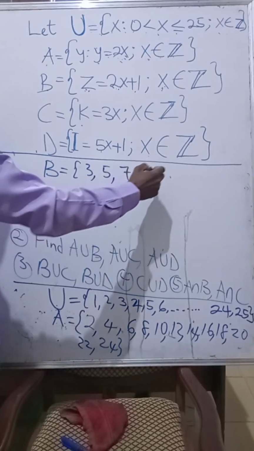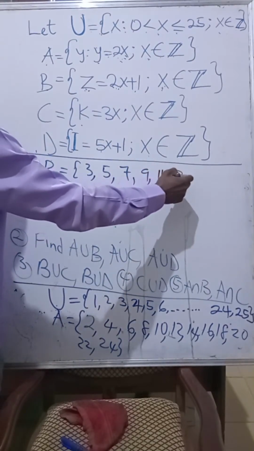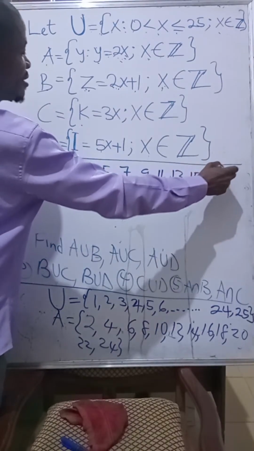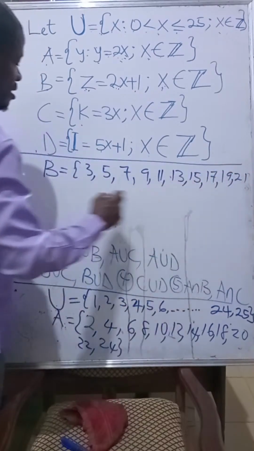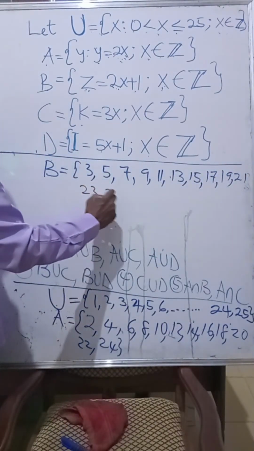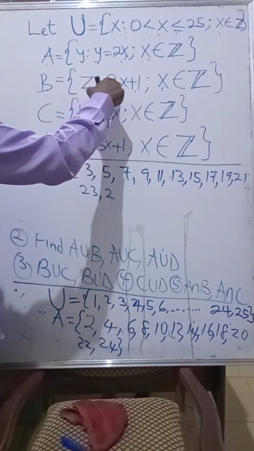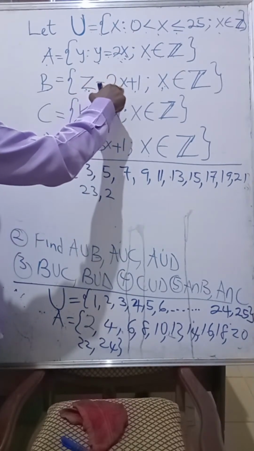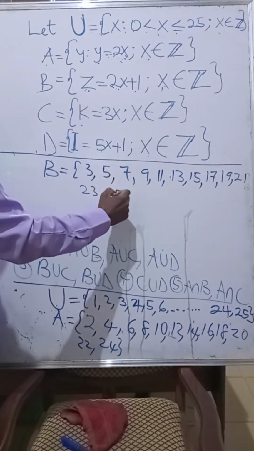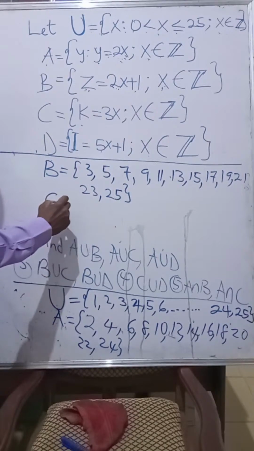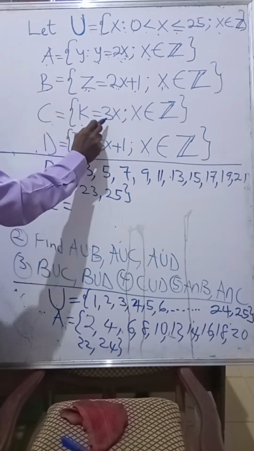It's forming odd numbers: 11, 13, 15, 17, 19, 21, 23, and then 25. When x is 12, that's 2 times 12 plus 1, which is 25. So that's B.